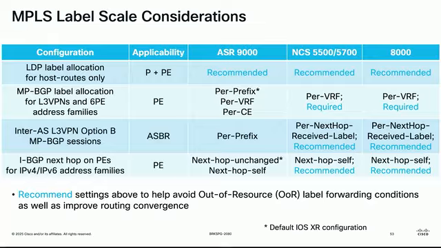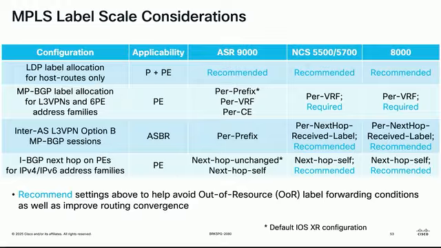What's required on these newer routers is per next hop received label. And then similarly, on PE routers that are running IPv4 and IPv6 unicast, it's recommended to set next hop self on those routers, because this and all of the other items listed here reduce the amount of label consumption on these platforms.